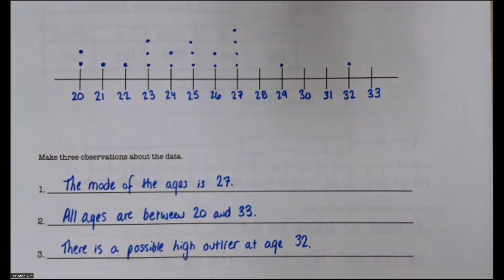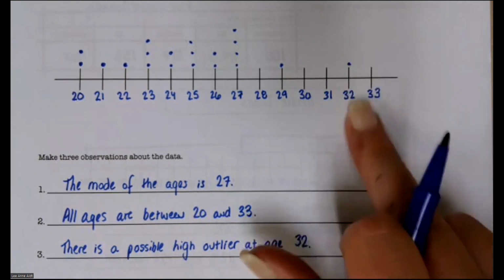I said there is a possible high outlier at age 32. Do you know those words? Yeah. Outlier means like far away from all of the rest of the data. And I said high because it was a high number.